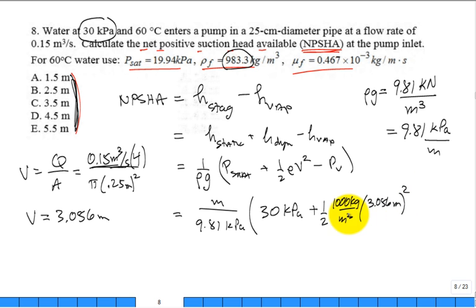You could use the 983, right? You can use that, but I mentioned I rounded off to 1,000 up here. But yes, that's the better answer, to put in the 983 there. I should maybe have done that too.